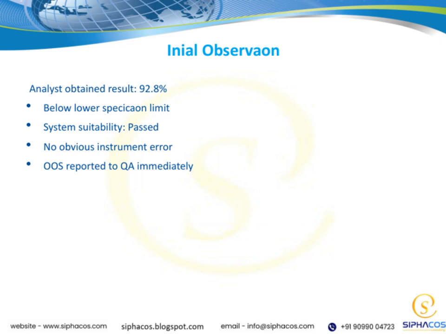There were no obvious instrument errors detected, which suggests that the equipment was operating normally. As soon as this out-of-specification result was identified, we reported it immediately to QA. This prompt reporting is critical for maintaining the integrity of our process and ensuring that any issues are addressed quickly. Overall, this step helps us to catch deviations early and keep our quality standards intact.